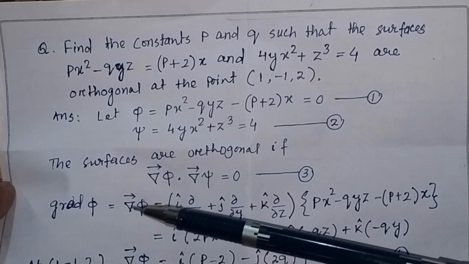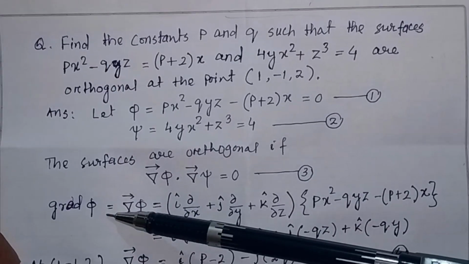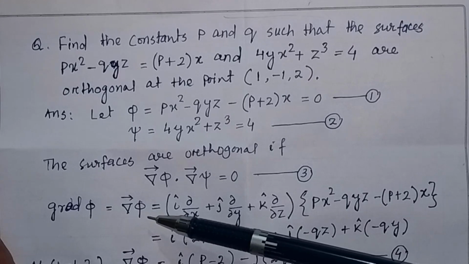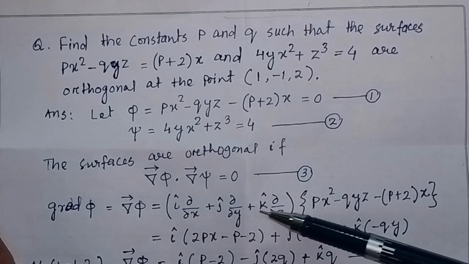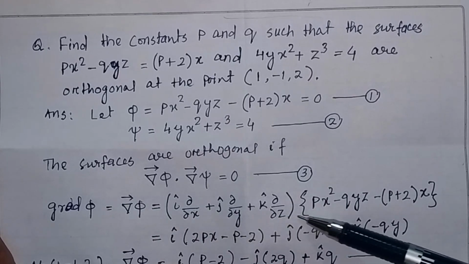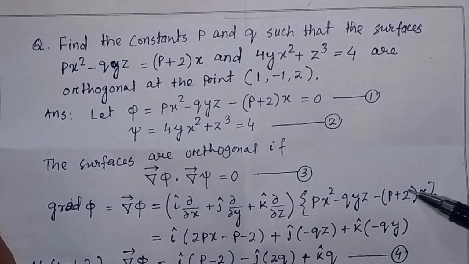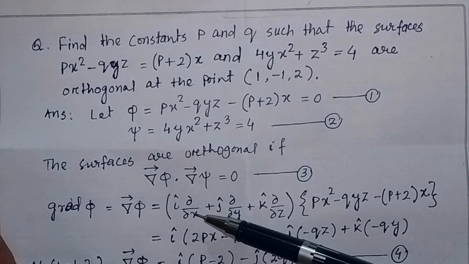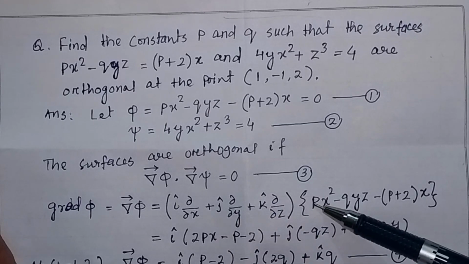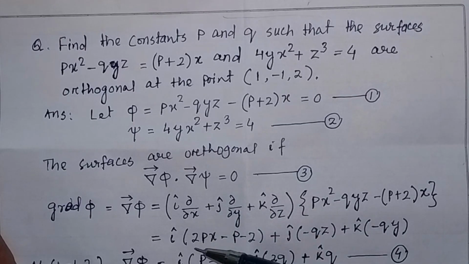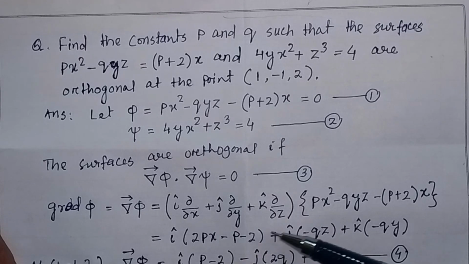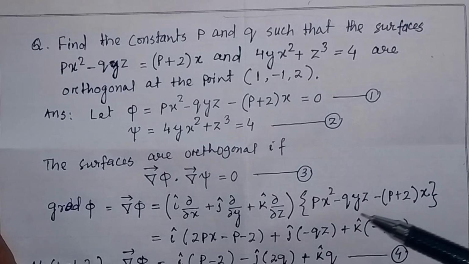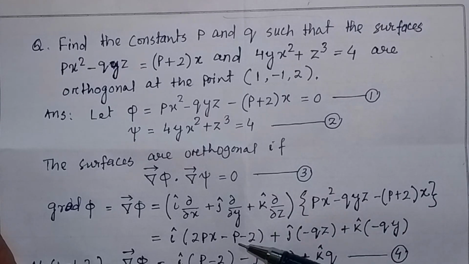The gradient of the scalar function phi, written grad phi, is equal to del phi, where del is the operator that gives the gradient when it operates on a scalar function. The partial derivative of px² with respect to x is 2px, and the partial derivative of (p + 2)x is −(p + 2), so the i component has 2px minus (p + 2).